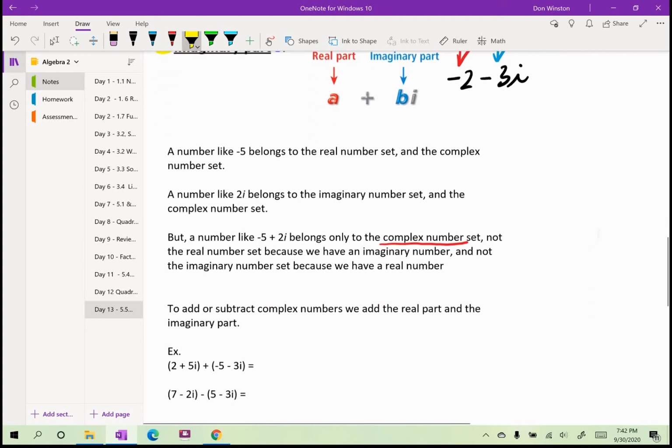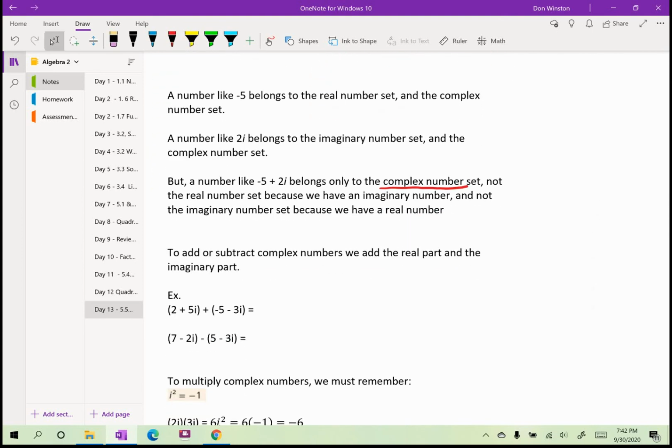All right, so now let's look at operations, and this is pretty easy. To add and subtract complex numbers, we add the real part and the imaginary part. So here we have 2 plus 5i plus negative 5 minus 3i.